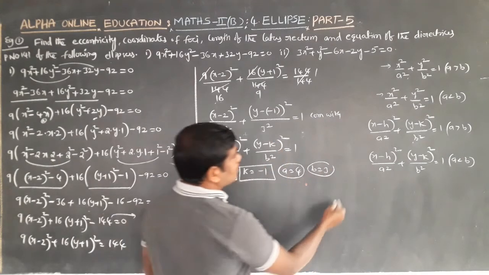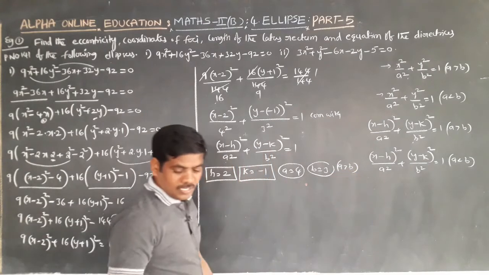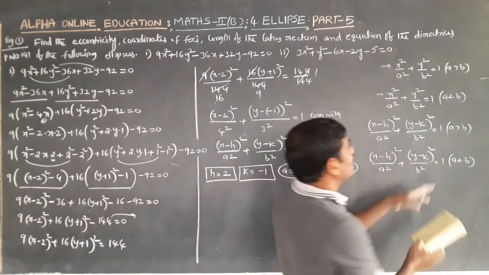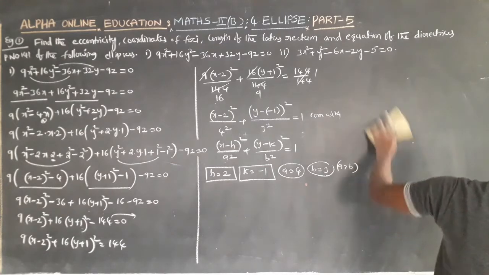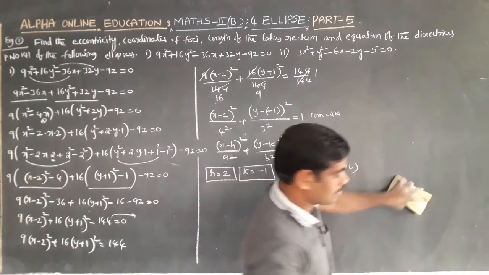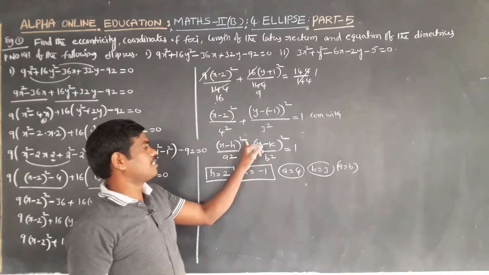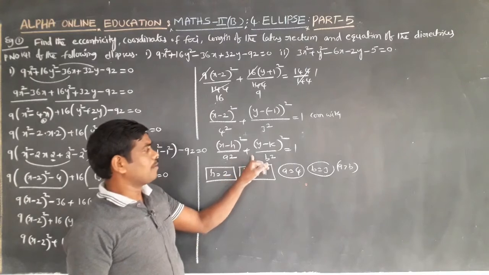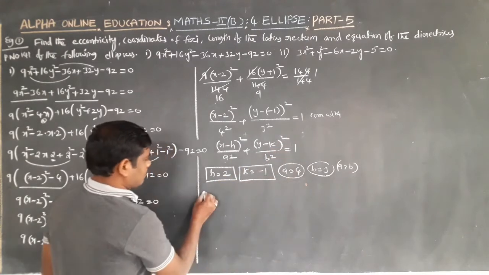Here a is greater than b, so by using the third formulas, the x minus h whole square by a square plus y minus k whole square by b square is equal to 1 formula.